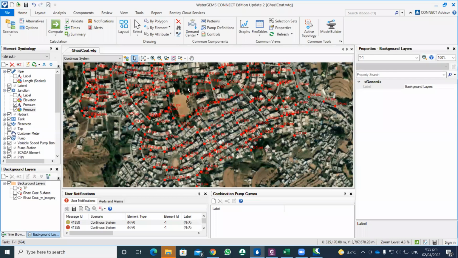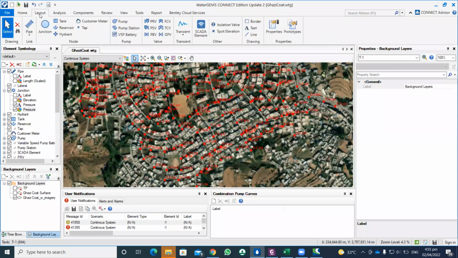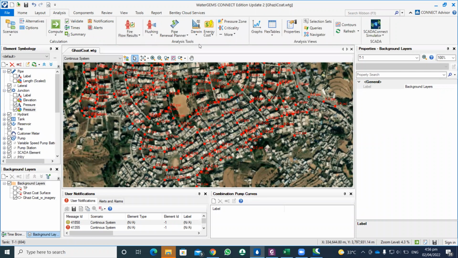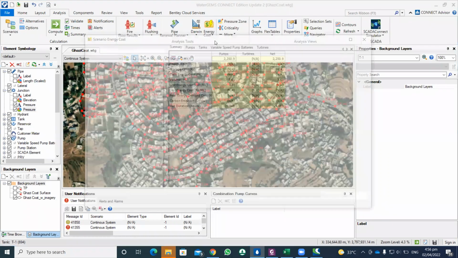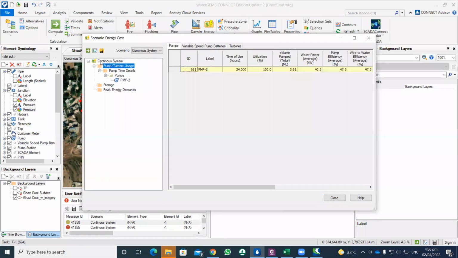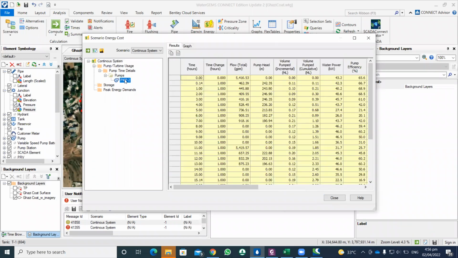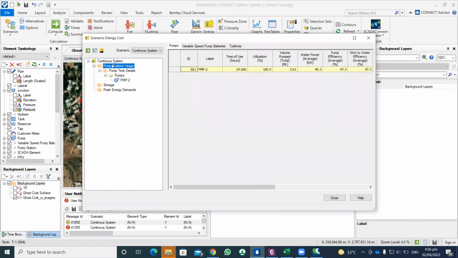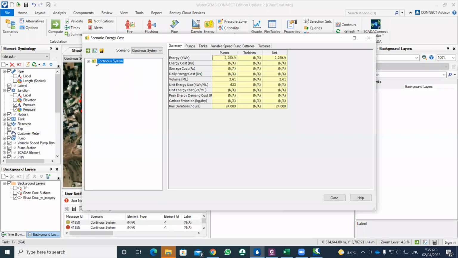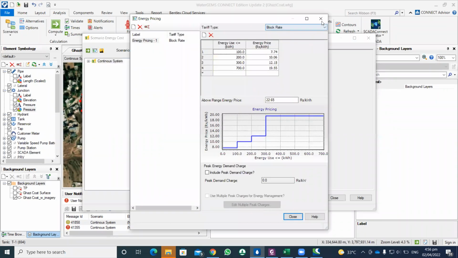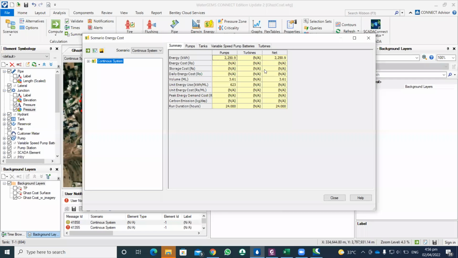demand economically. So I also want to show you, for example, if you want to find the energy cost of a pump, then you can do it. First of all, you will create a tariff.